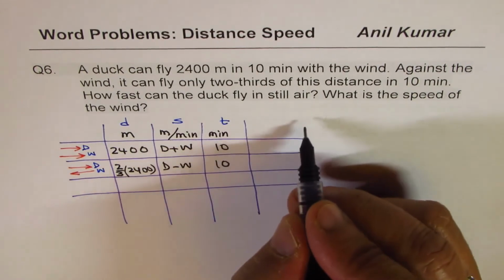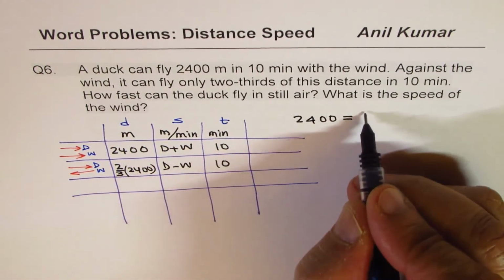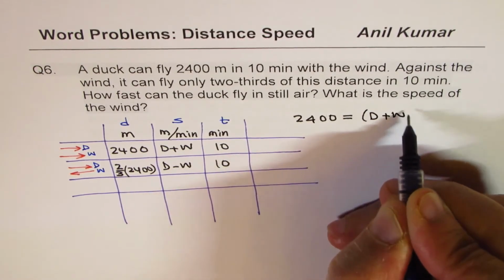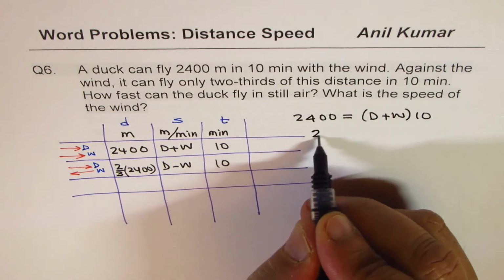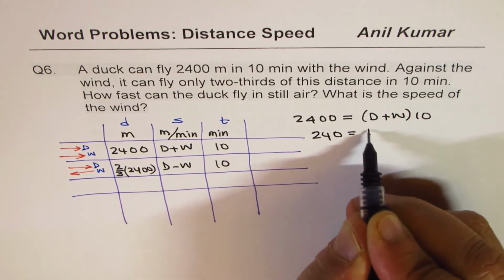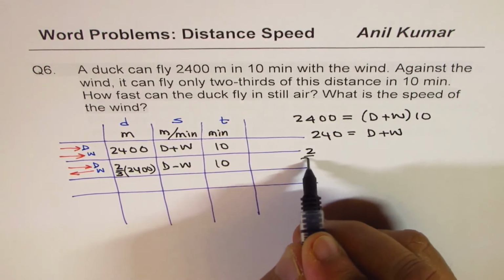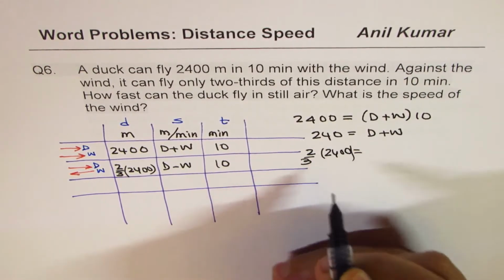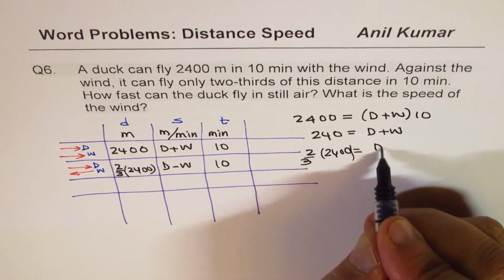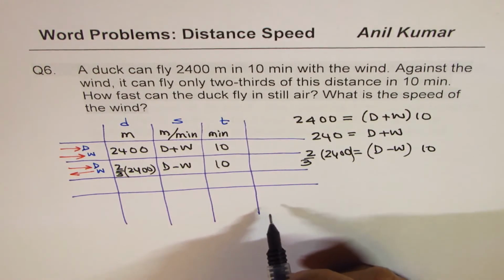So from the first equation, we get 2400 equals d plus w times 10. We can simplify. Divide by 10. We get 240 equals d plus w. Second is 2/3 of 2400 equals d minus w times 10, right?